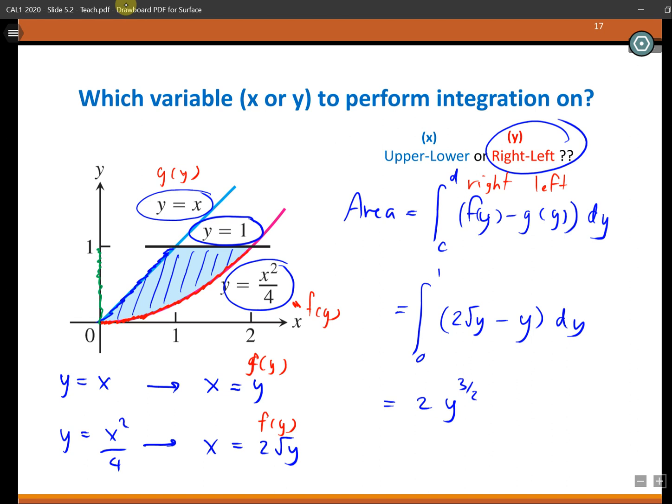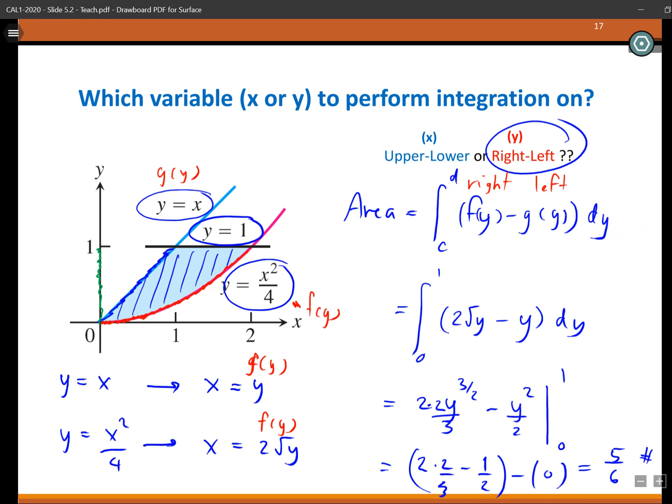And then I have to have this 2 over 3 right here. Alright. And then this becomes y squared over 2. And we need to evaluate this at 0 and 1. So in the end, we have this 2 over 3 minus 1 over 2, minus 0 goes in, everything becomes 0. So I have this equal to 5 over 6.